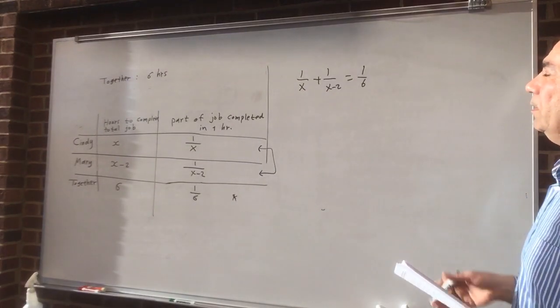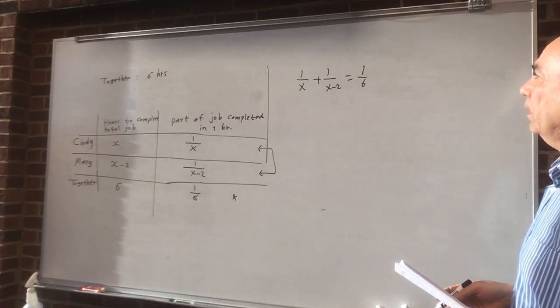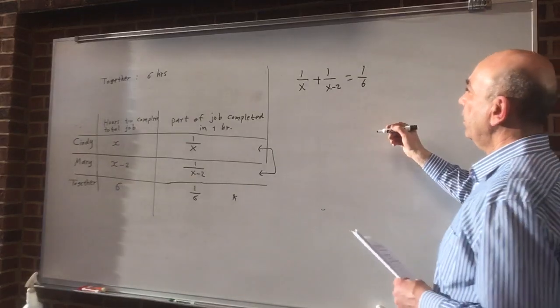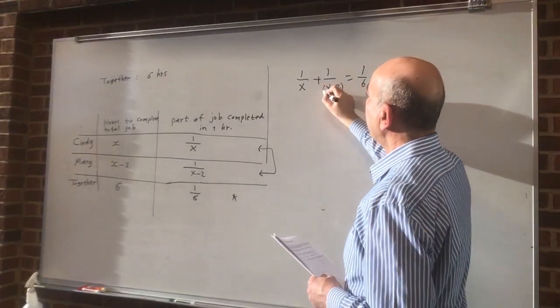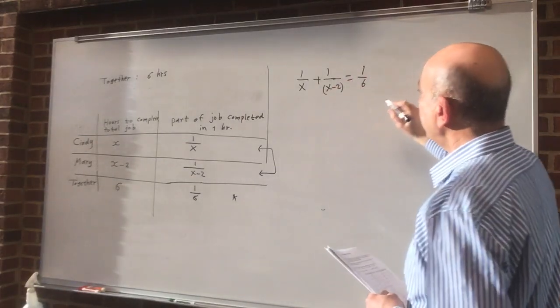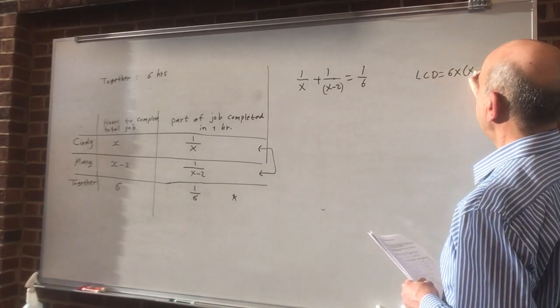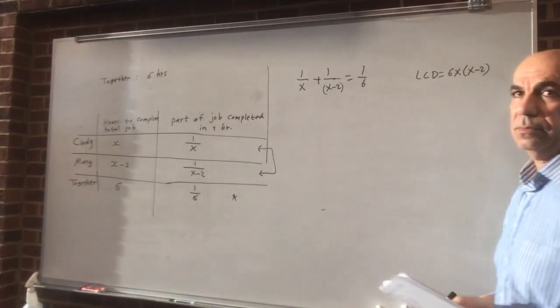Since this equation contains fractions, first clear the fractions. To clear the fractions, multiply by the least common denominator. The least common denominator is 6x times x minus 2.